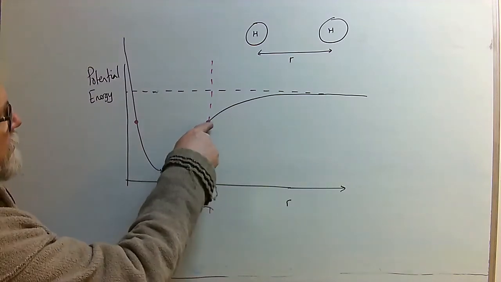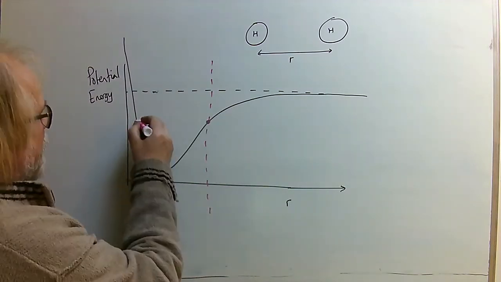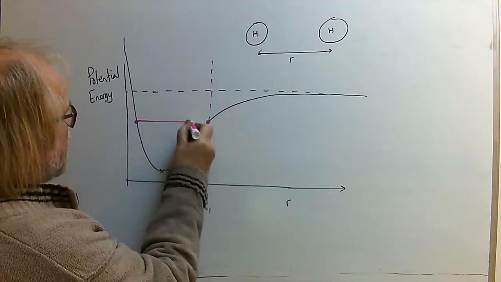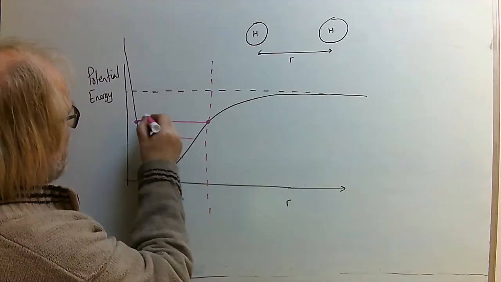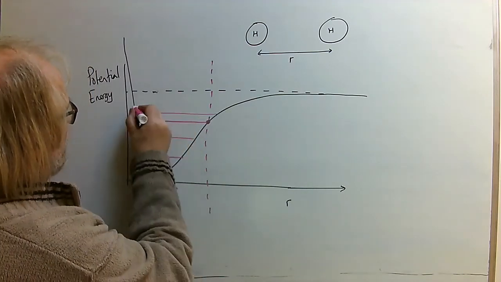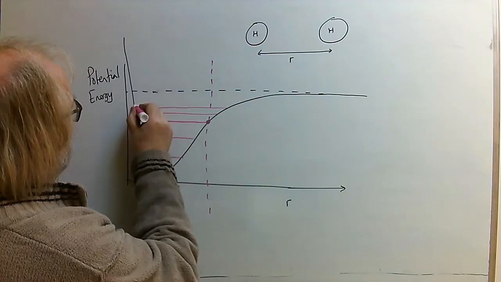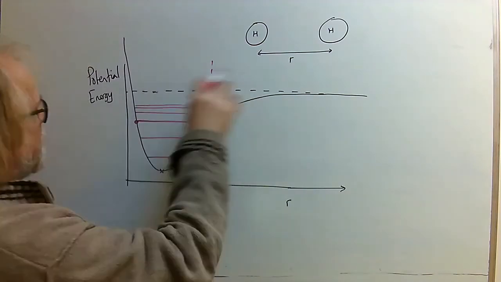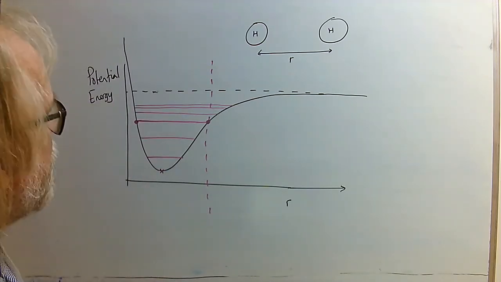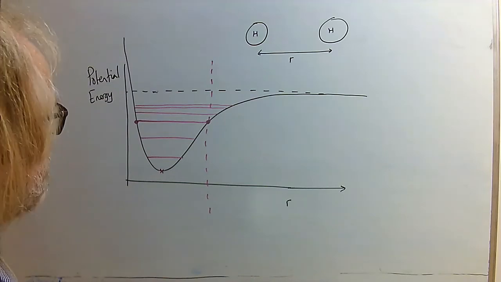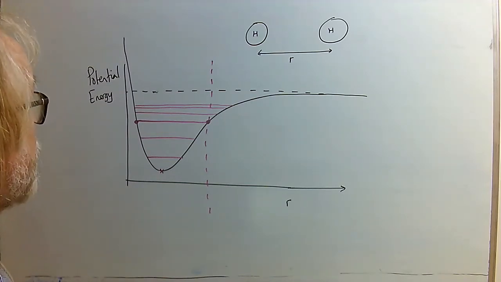So it turns out we can't just randomly choose an energy like that, but that might be an allowed energy level, but you might then find that these are the only possible allowed energy levels in the system, and so on as we go upwards. So you get quantized vibrational energy levels, just like you get quantized electron energy levels. But this picture of what vibration is is quite a nice thing to have in relation to our potential energy curve.